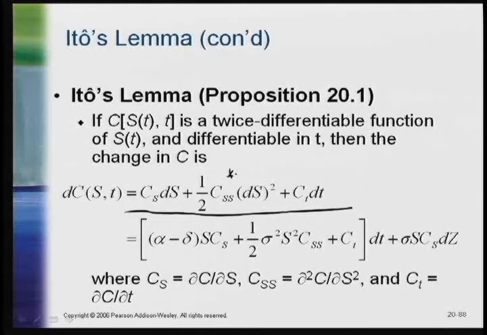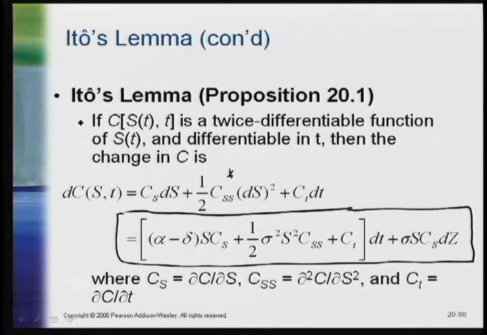The additional term is related to the second derivative of C with respect to S, and we have a ds squared. ds is the process that S follows, squared. And when we multiply out ds squared and ds, we get this second equation, which is how most people think of the statement of the Ito lemma.